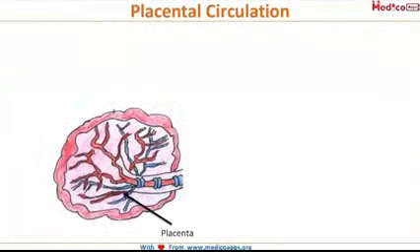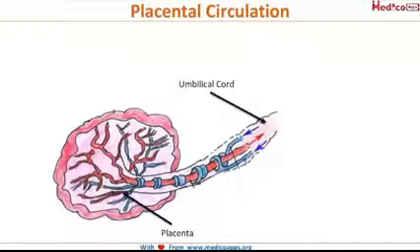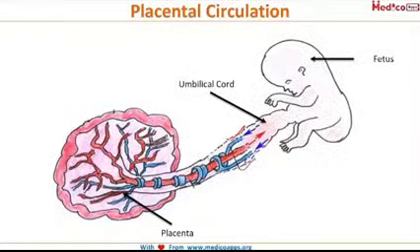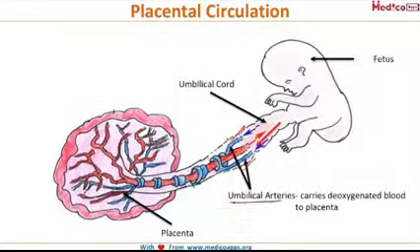This is our placenta. This is our umbilical cord consisting of 3 vessels, 2 umbilical arteries and 1 umbilical vein. And this is our fetus. Now, just opposite to the regular theory that we know, that arteries carry oxygenated blood, our umbilical arteries are carrying deoxygenated blood.